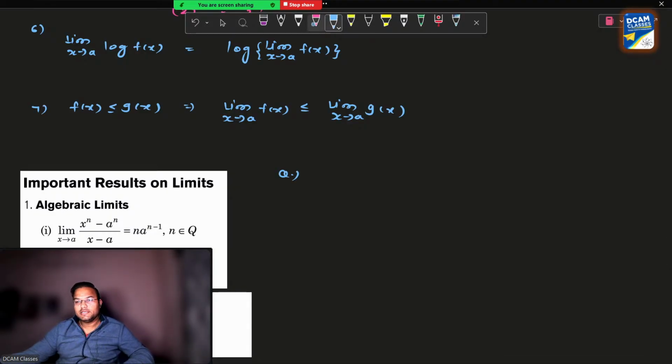This is a very easy question. You'll be able to solve. Solve limit x tending to 1 of x cube minus x square plus 1. The first question is limit x tending to 3 of x into x plus 1.